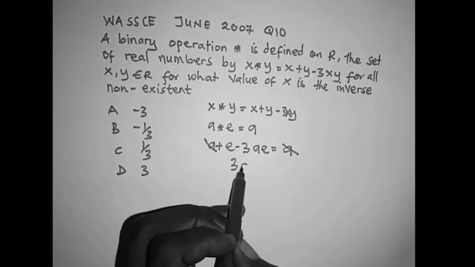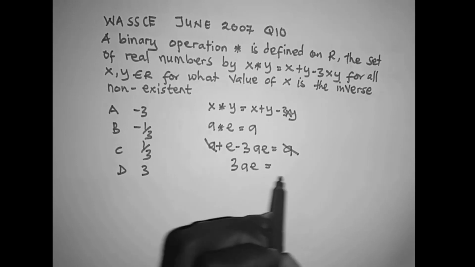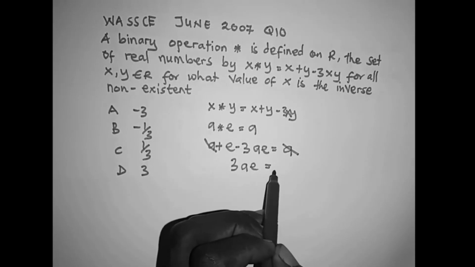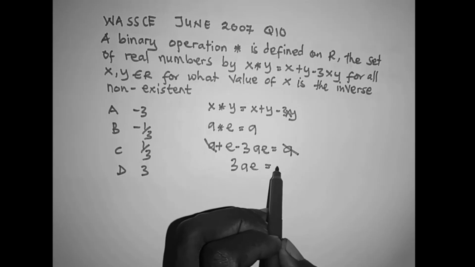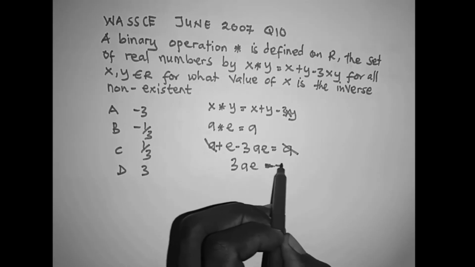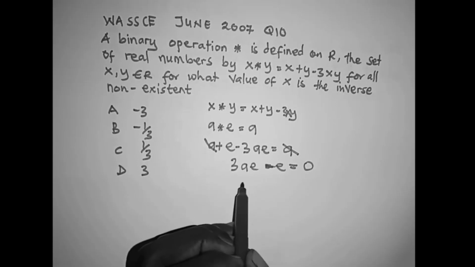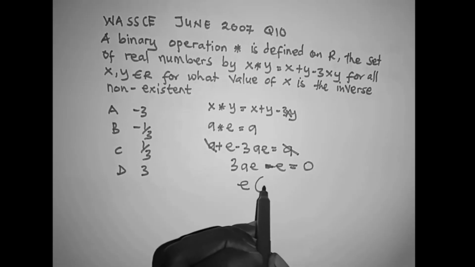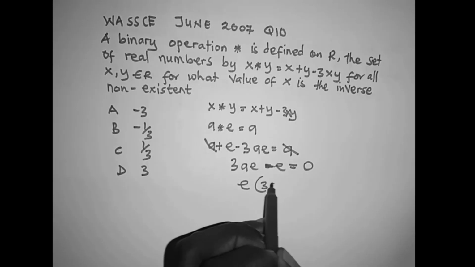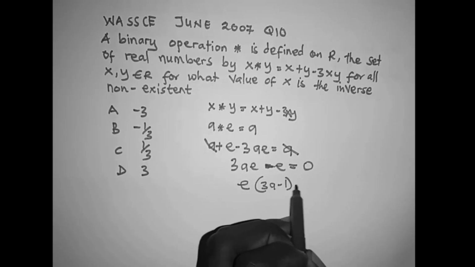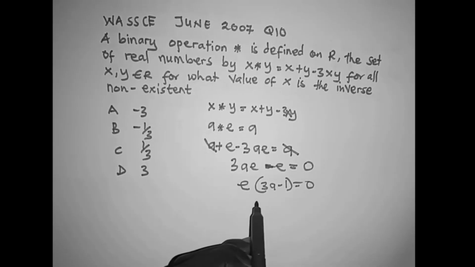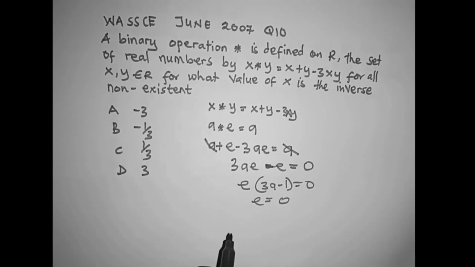So 3AE is equal to E, so E minus 3AE is equal to 0. So you can factorize E out. We are left with E times 1 minus 3A equals 0. The only way this can be 0 is when E is equal to 0. So the identity element E is 0.